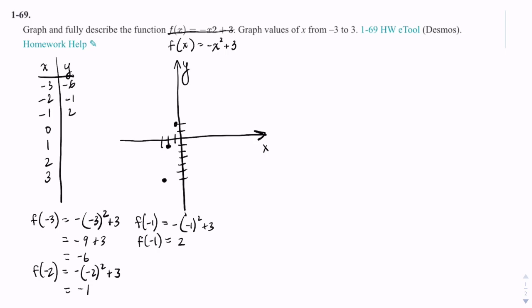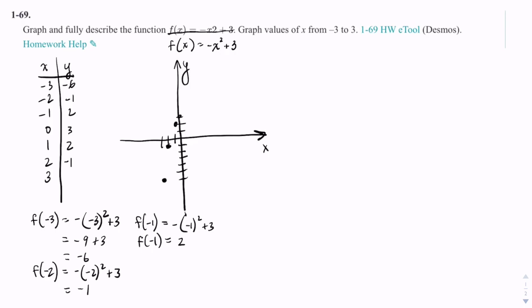0 is easy. You just cover up the whole first term, and then you get 3. So 0, 3. And then all the other points are going to be mirrored. We can see that. If I put a 1 in, I'm going to get 2. If I put a 2 in, I'm going to get -1.